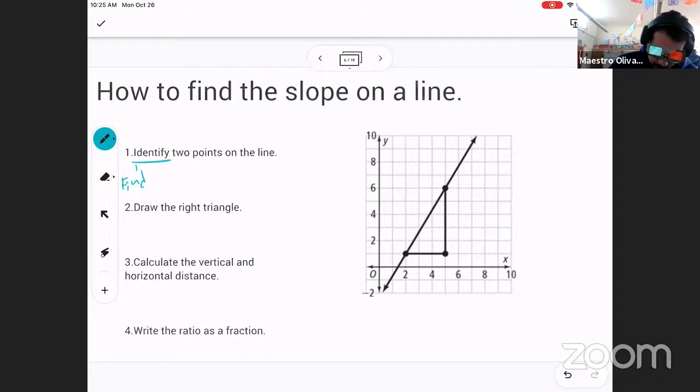So you find 2 points on the line. Where are these 2 points? Well, here's my line. I'm going to pick this point and this point. That's step number 1, finding 2 points on the line.